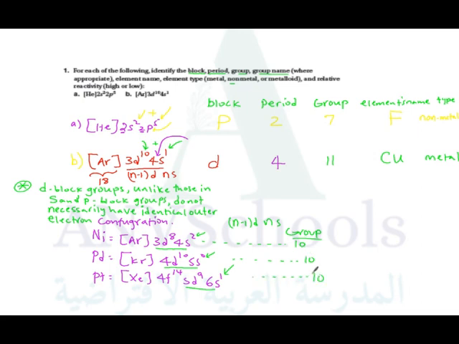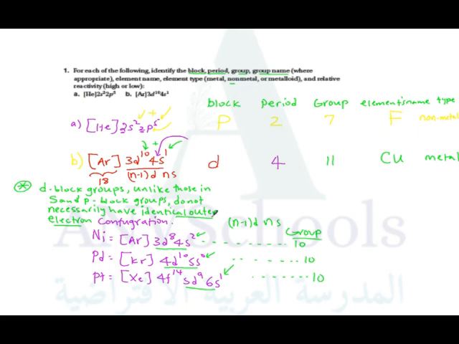So all of them, even though their outer electron configurations differ, unlike those in s and p block groups, are in the same group. In the case of s block and p block, they must have the same number of electrons in the outermost shell to be in the same group.